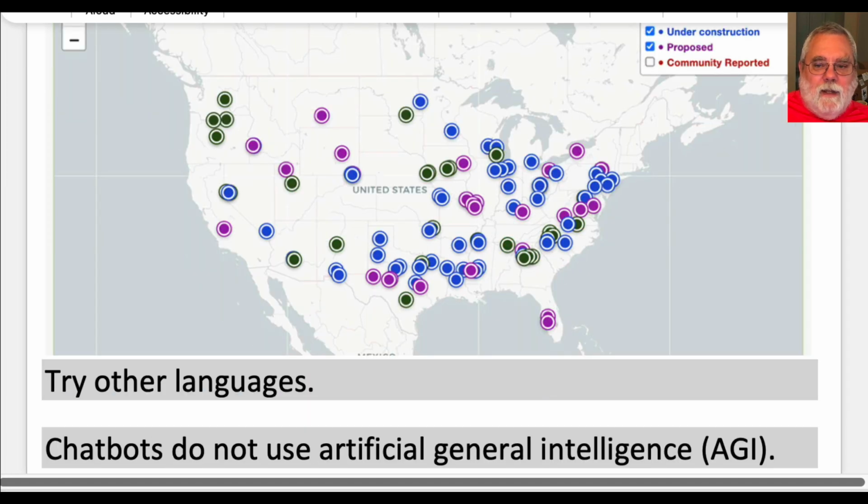One other branch of AI is artificial general intelligence, AGI. Chatbots do not use artificial general intelligence.